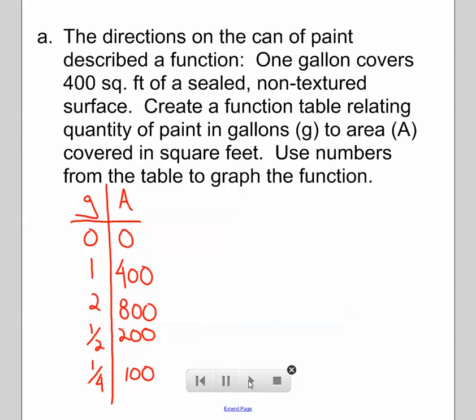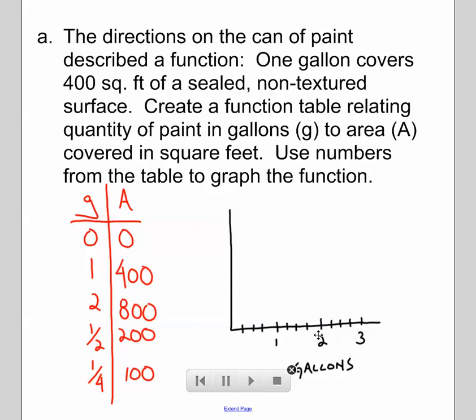Okay. Now let's graph this. So the first thing we got to do is make a coordinate plane here. And the bottom is going to be gallons of paint. Okay. 1, 2, 3, 4.